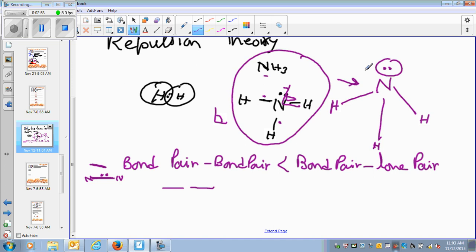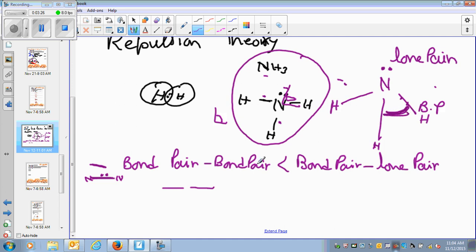So they are the free electrons. They can take much more space on the central atom. These are the bonded electrons. The nucleus of this nitrogen and the nucleus of this hydrogen is kind of holding them on spot. But what the theory is saying is that the repulsion between the lone pair and the bond pair is much more than the repulsion between the bond pair and bond pair.